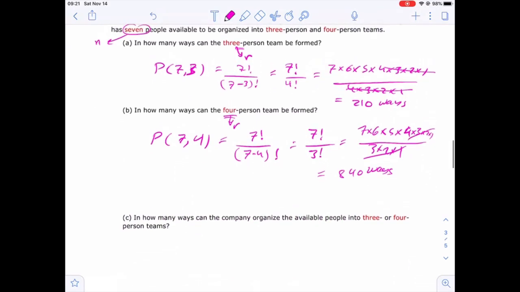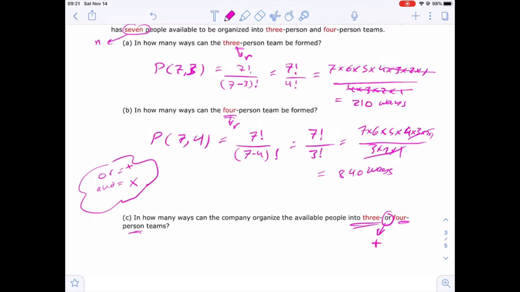Now part C, in how many ways can the company organize the available people into 3 or 4 person teams? In this case, when we read the word or, that means you add. If you read the word and, that means you multiply. So here we add.